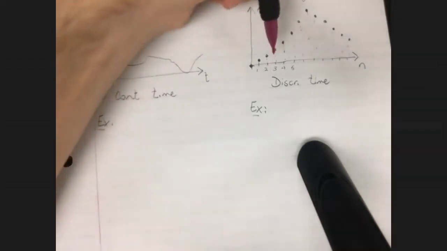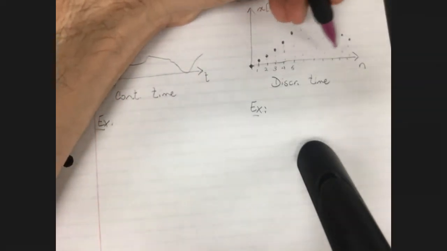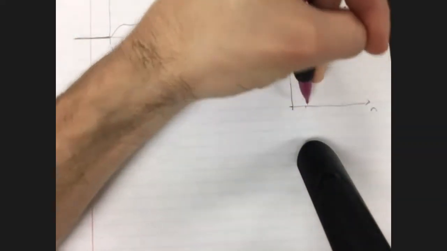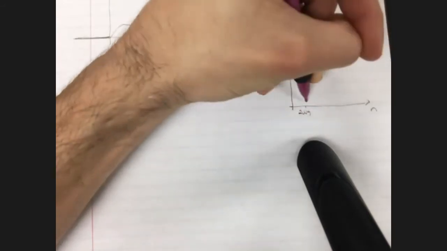Or same if these are years. Let's say instead I'm going to draw another one. Let's say I have student population versus time. Maybe you're looking at 2009 and you had 1,700 students.